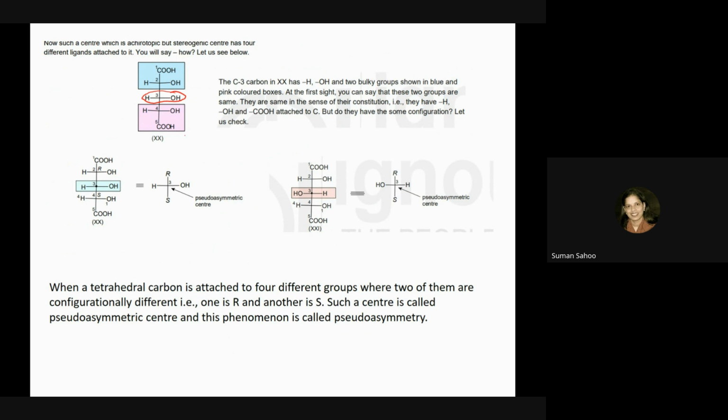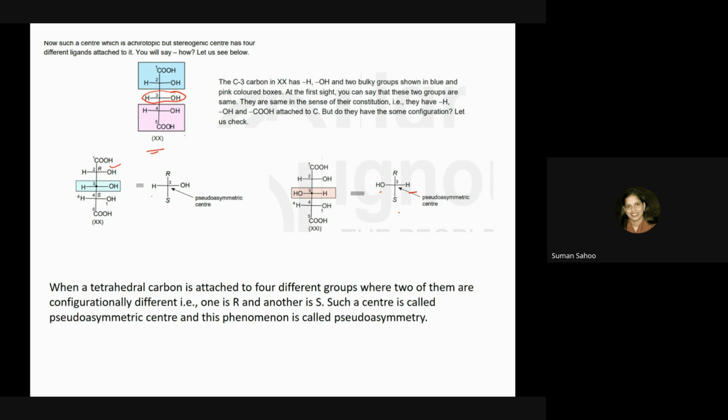Just check. In this one, carbon number 3, we have H, OH, and the upper one has a configuration of R, and the lower one has a configuration of S. And in the other one from which we started, the OH group is on the right-hand side and H is on the left-hand side, and this is R and S.